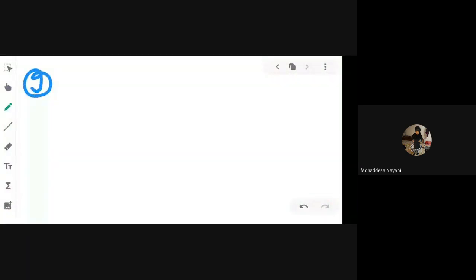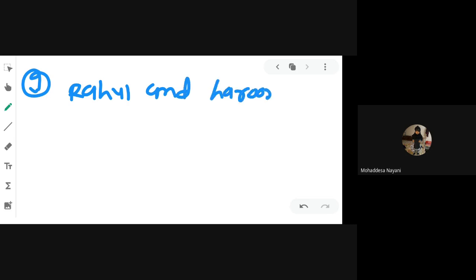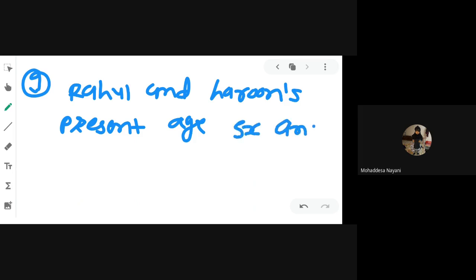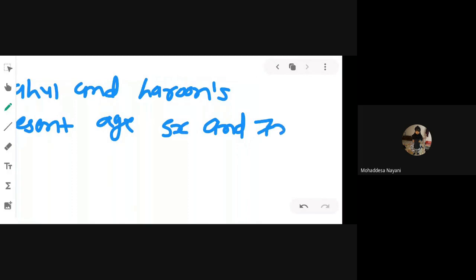So we are supposing that, for example, Rahul and Harun's present ages, because they are in ratio 5:7, we are supposing 5x and 7x respectively.